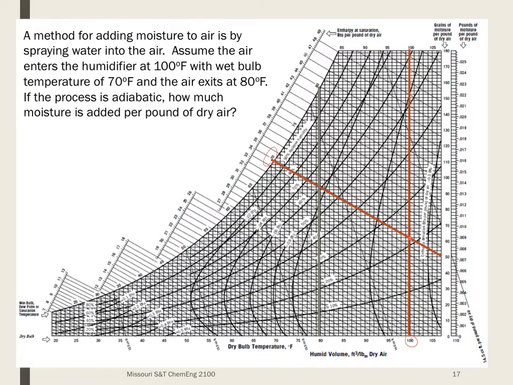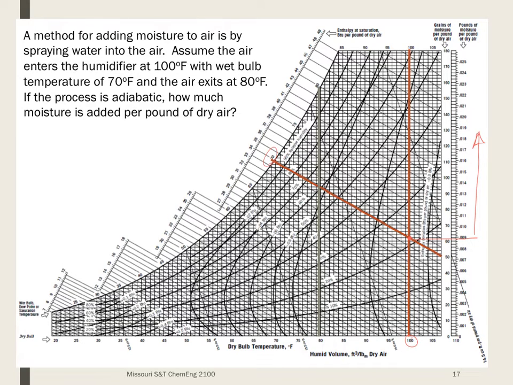So what is going to stay the same if I'm talking about an adiabatic process where I'm adding water? Certainly there's going to be more water, so I expect the final point to be somewhere up here, right? Because I've added water. But where should that point lie on this graph exactly?